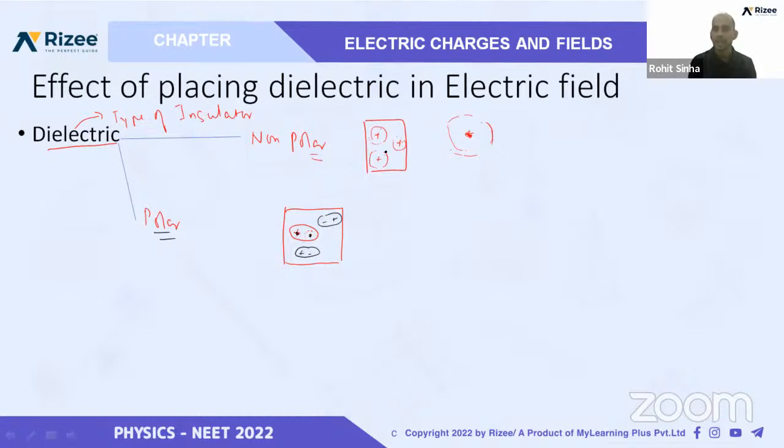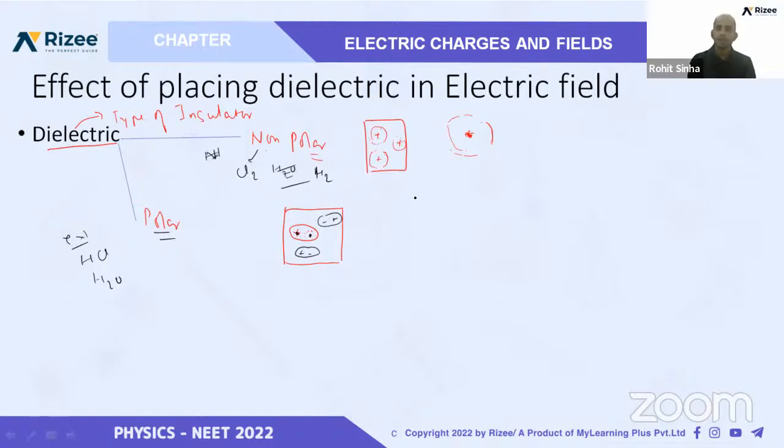Here, in non-polar, it is not a permanent dipole. Polar dielectric examples: HCl, H2O. Non-polar: Cl2, H2, and we can say ammonia is somewhat polar only.